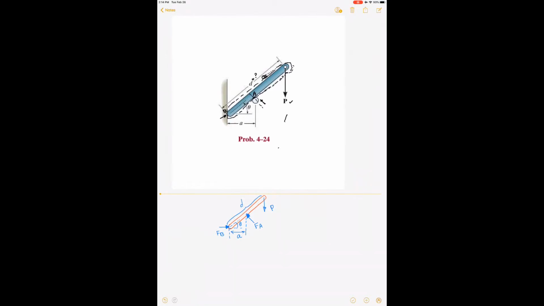This angle is also theta. Assuming that these parameters are given to me, then I want to find this distance D.